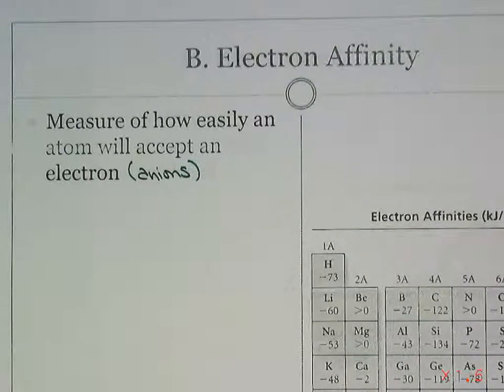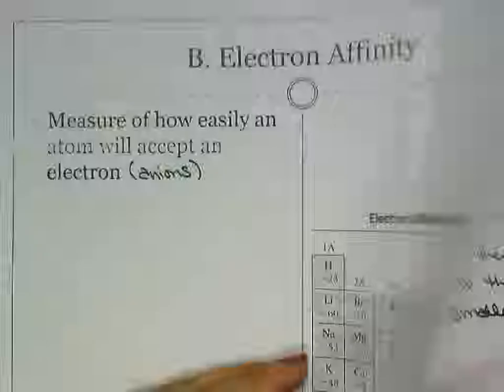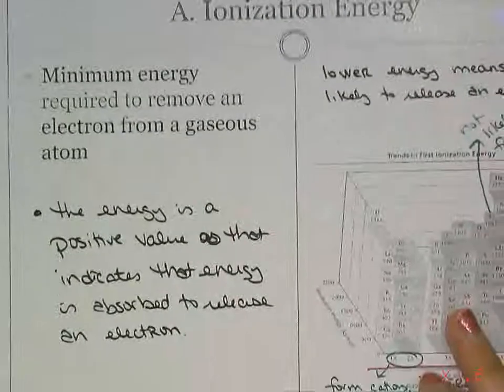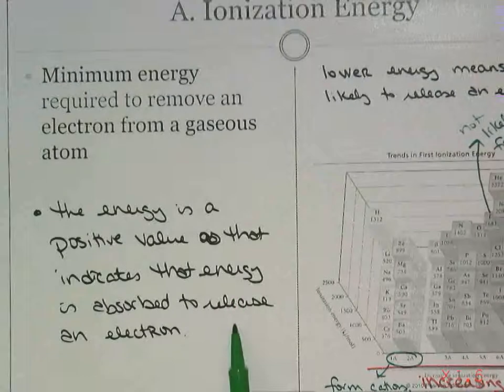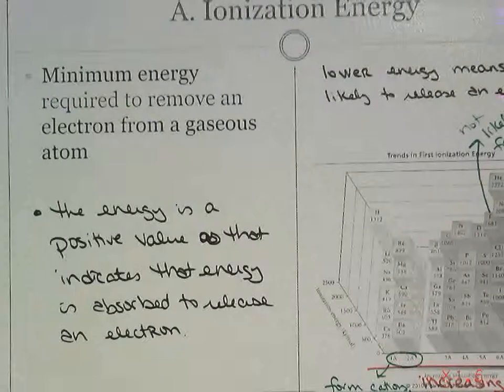If ionization energy is positive, that indicates energy is being absorbed to release an electron. What sign should electron affinity have if I am adding an electron? Negative values, which is what we see.